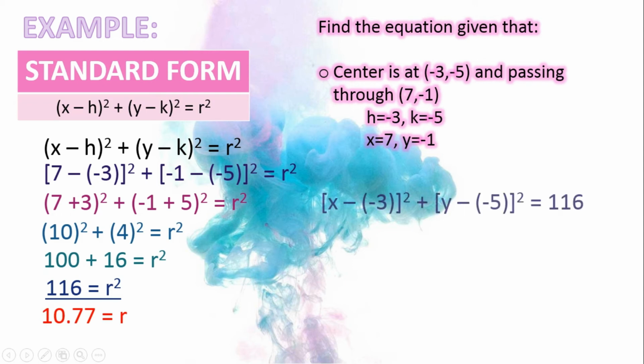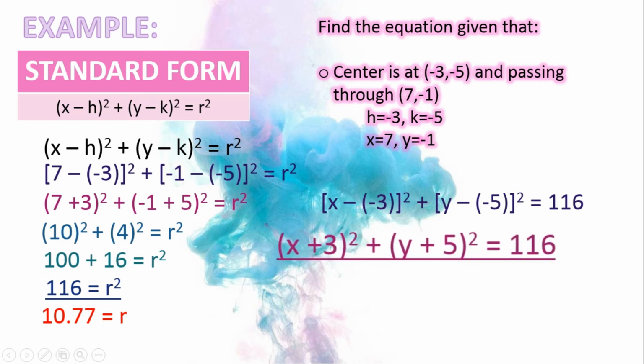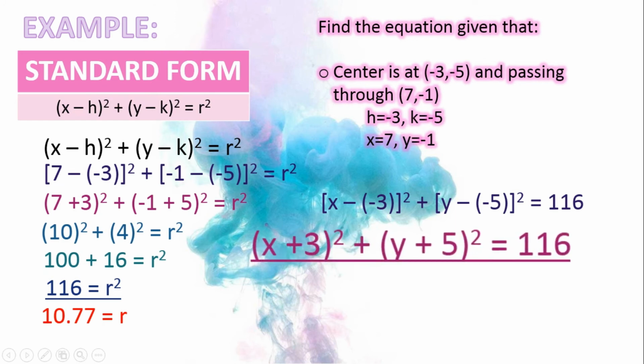So, here, follow again: x minus negative 3 squared plus y minus negative 5 squared is equal to 116. So, negative times negative is positive 3 squared, plus y plus, here negative times negative is positive, carry down 5 squared is equal to 116.